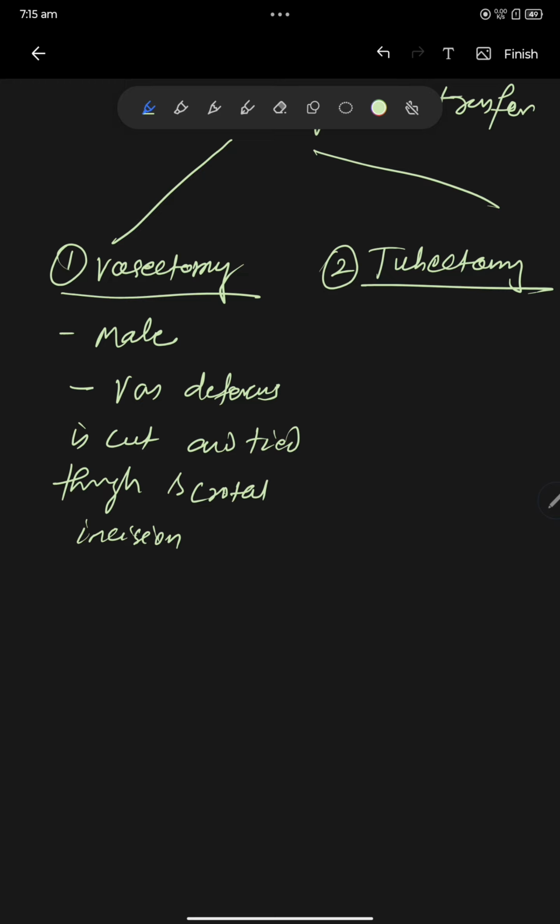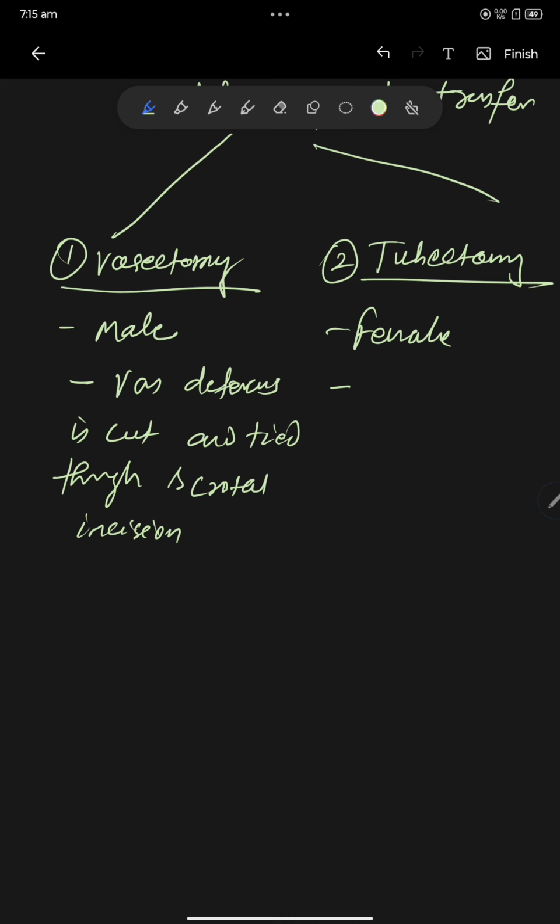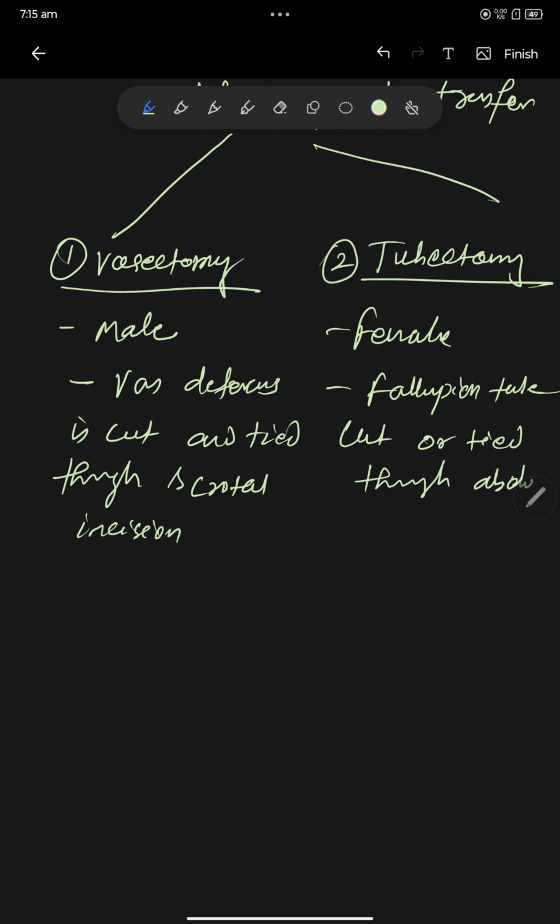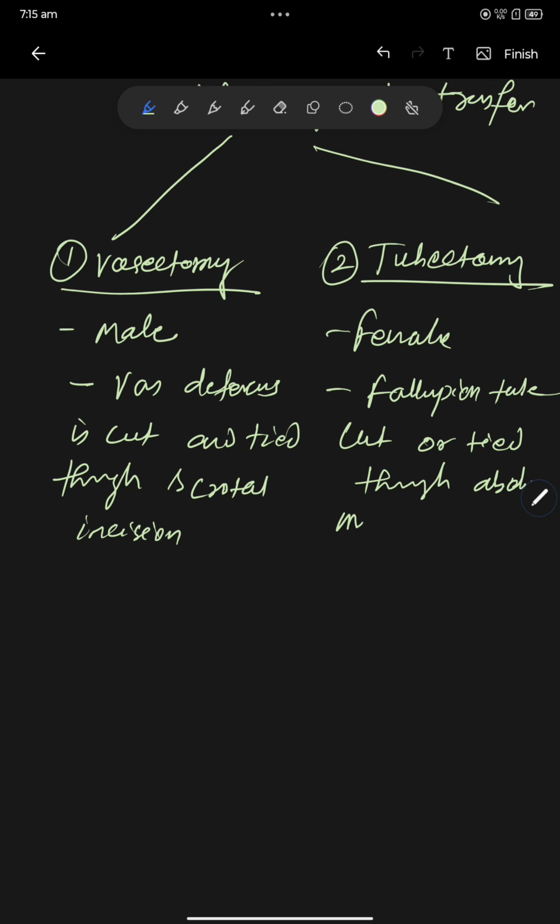This is performed in females, and it involves the fallopian tube being cut or tied through the abdomen or vagina.